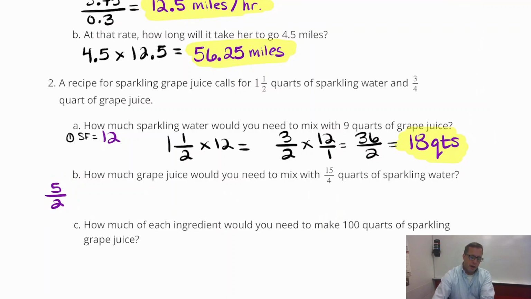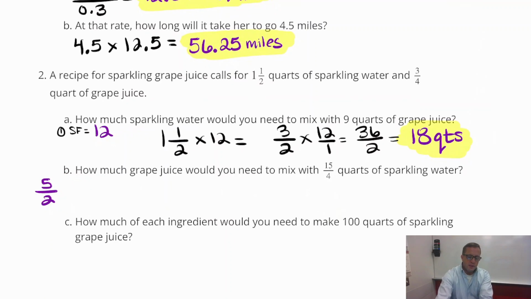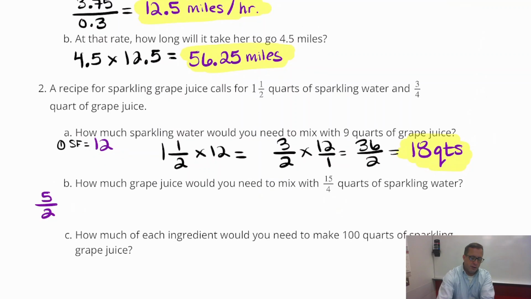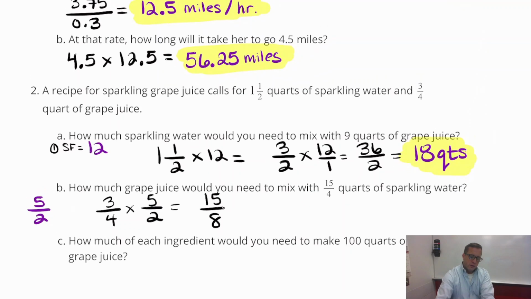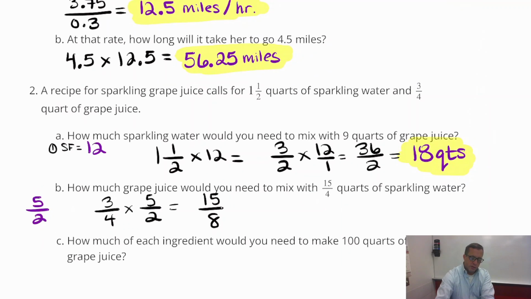All right, so let's go ahead and multiply the amount of grape juice that you need, which is 3/4 by 5 halves. So we're going to do 3/4 times the scale factor, which is going to be 15/8. There you go. So that's going to be 15/8 quarts.